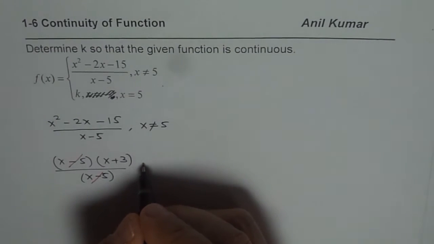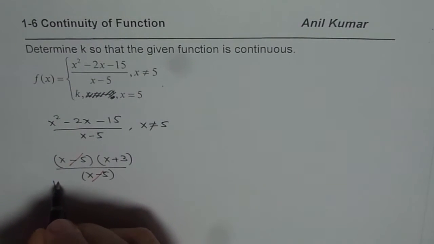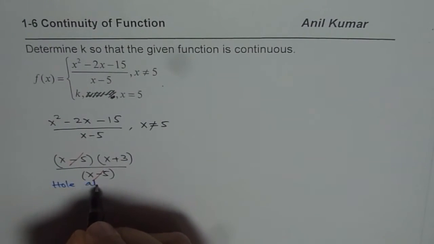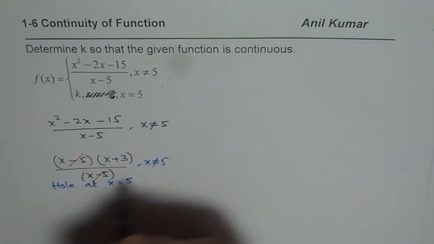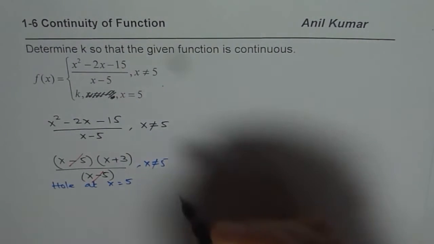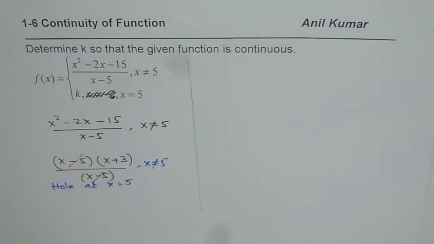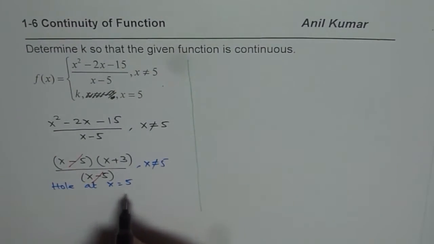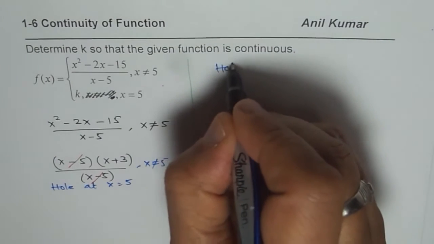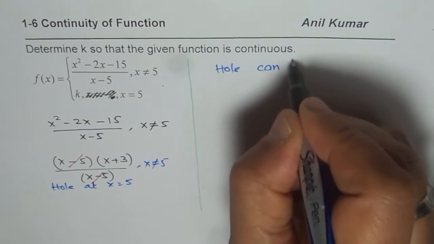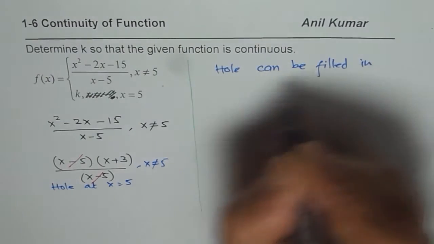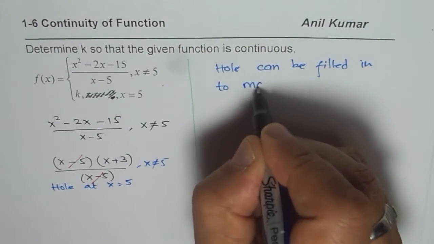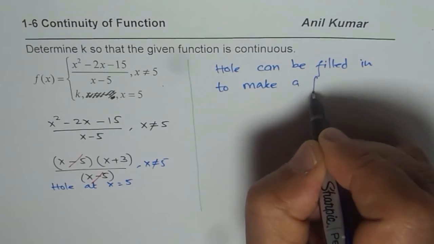So it is basically a hole at x equals 5, right? So of course x is not equal to 5. Since it is a hole, we can always plug it in. So at x equals 5, the discontinuity is a hole, so a hole can be filled in to make a function continuous.